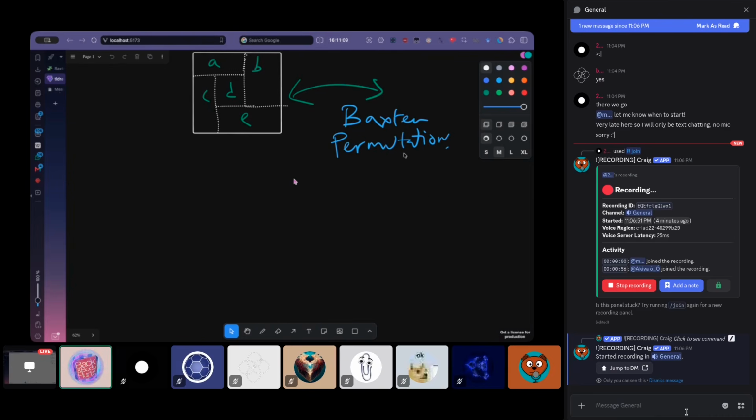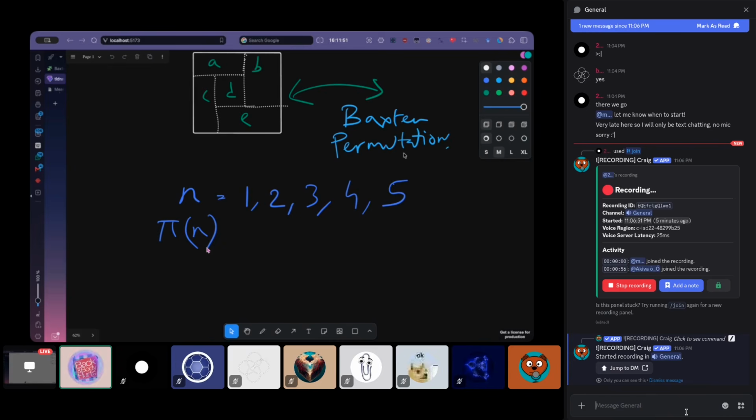Before we go into what a Baxter permutation is, let's first figure out what a permutation is. Given n numbers going from 1, 2, 3, up to n, a permutation is any arrangement of these n numbers. For example, if n was 5, so 1, 2, 3, 4, 5, a permutation of n, let's call it pi n, is a way of writing permutations.